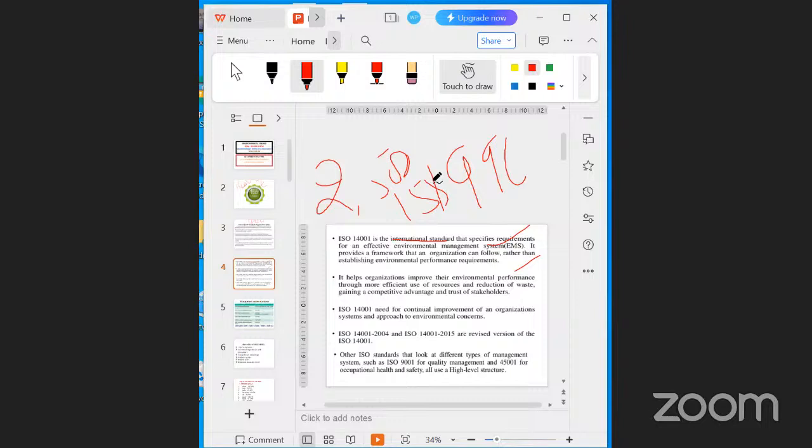The most recent version was updated and published in September 2015, and is known as ISO 14001:2015. The new standard takes the 2004 standard as its basis and brings it in line with the risk and process approach of the management system.